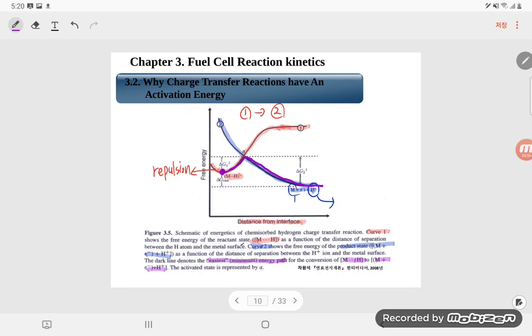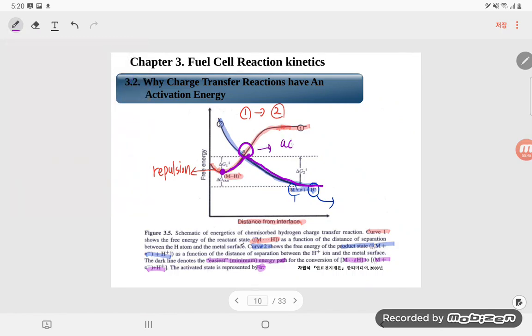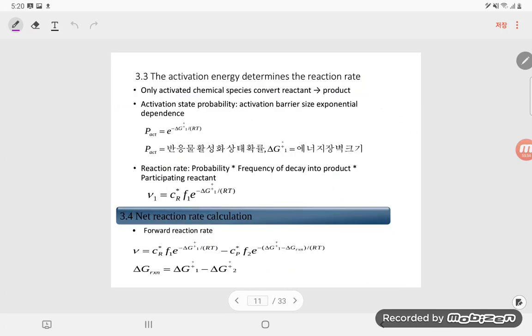So the activated state is represented by A. So that means this is the activated state. We call this one activated state. Right. So that is the reason why there is an activation barrier. Okay.